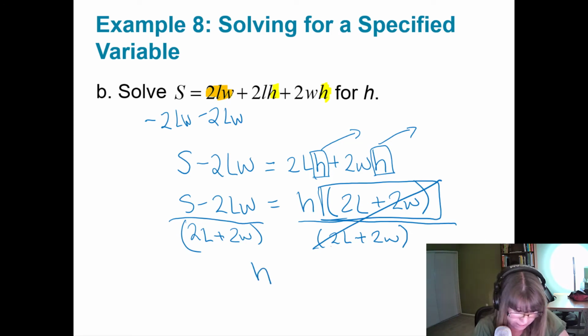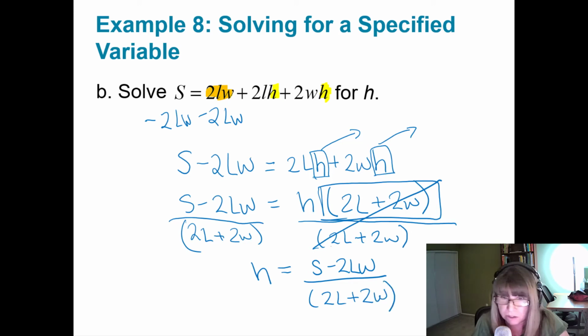So therefore, H equals S minus 2LW all over 2L plus 2W. Do not reduce it if you can't. You can't cross over this minus. You have to leave it as is.